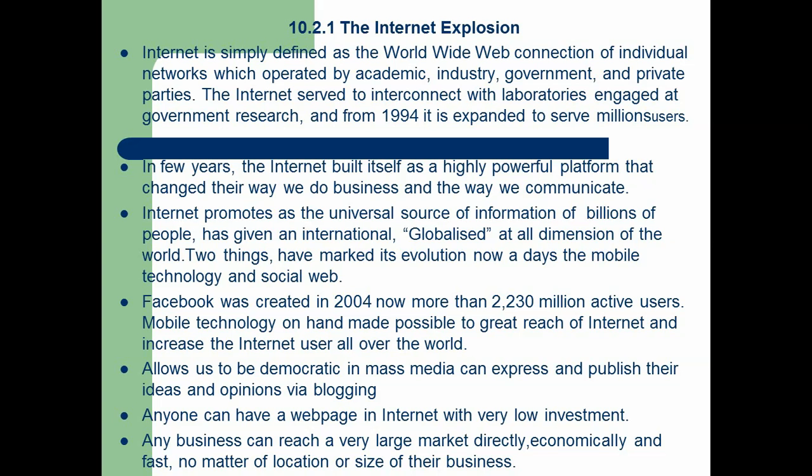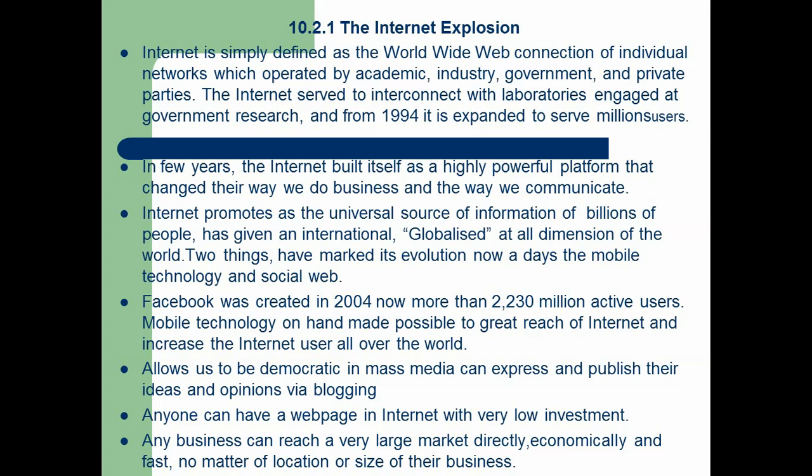Before that, only the government, private parties, and industries, and academic institutions like universities, schools, and colleges used the internet for their purposes. But in 1994, the internet was allowed to be used by common people.